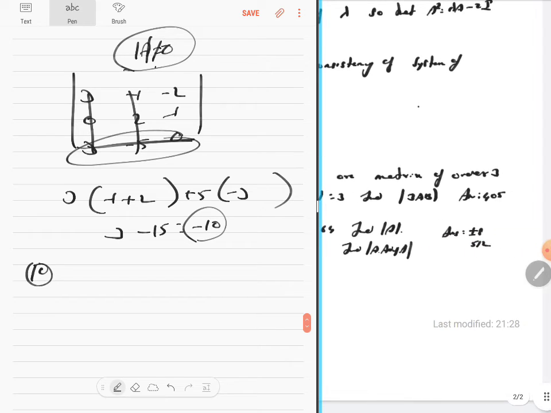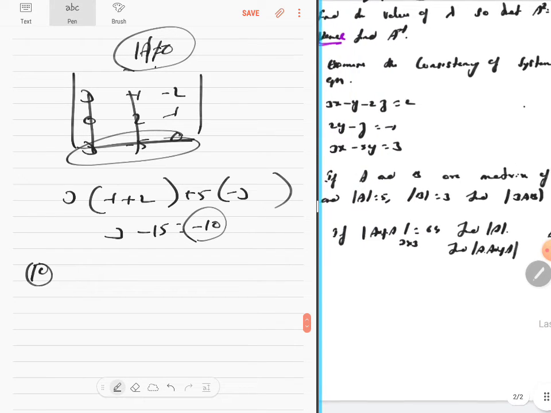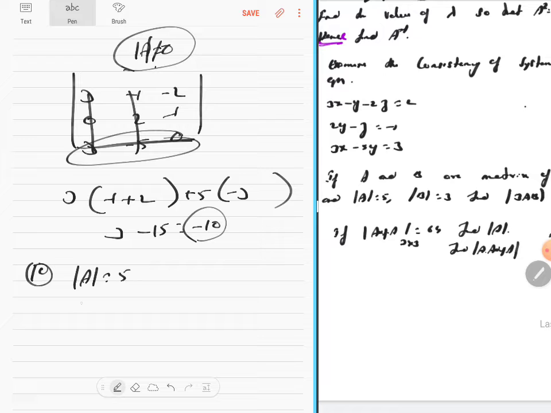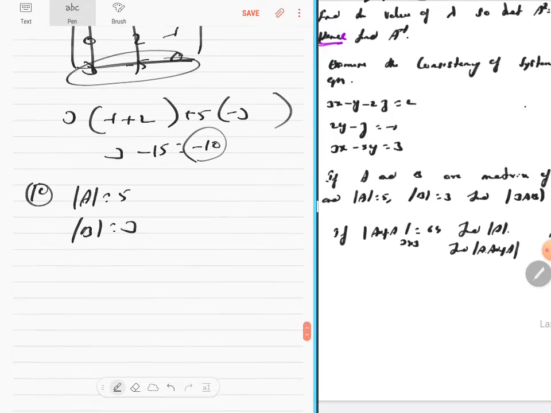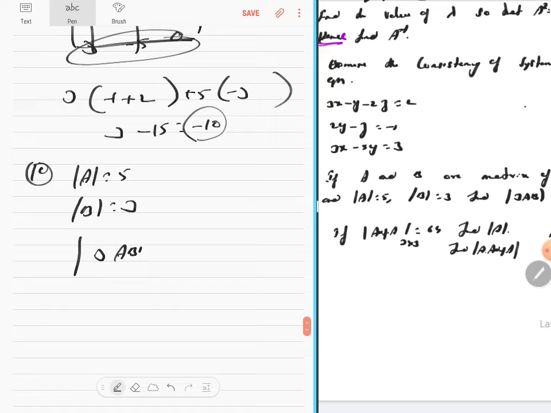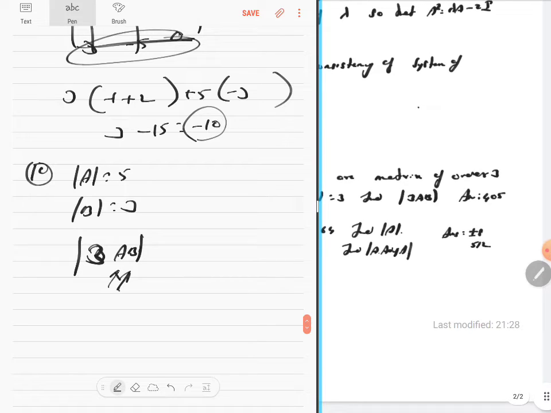If A and B are matrices of order 3, determinant of A is equal to 5, determinant of B is equal to 3, find the determinant of 3 times AB. First, 3 times AB is nothing but you multiply the matrices A and B, and you have a 3 inside, which means 3 will be common in the multiplication of matrices everywhere.